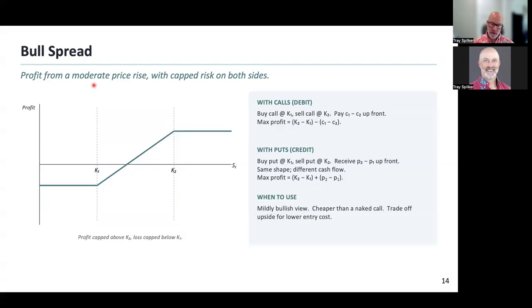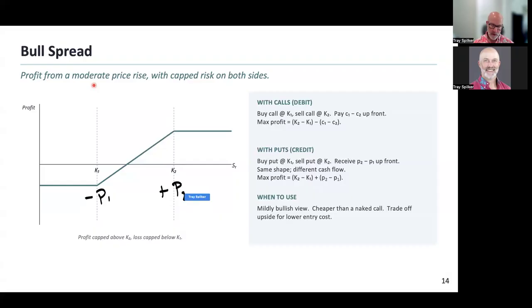We can construct this differently with puts, and when we do it this way, it's what's called a credit position because we actually receive income up front. So what do we do? Well, we buy the put at the lower strike price, and we pay P1. We sell the put with a higher strike price at P2.